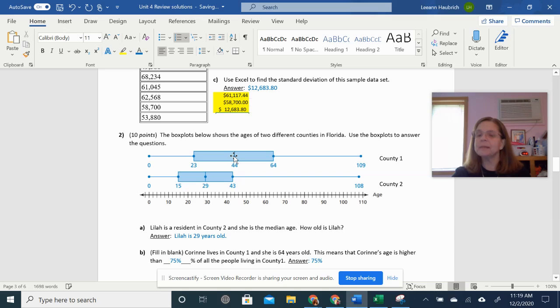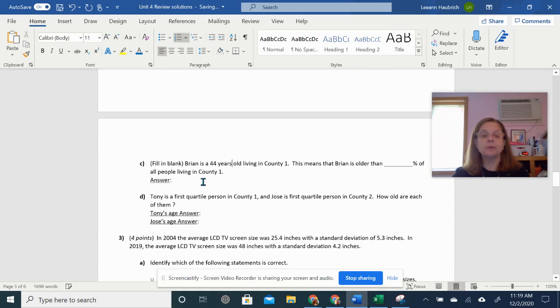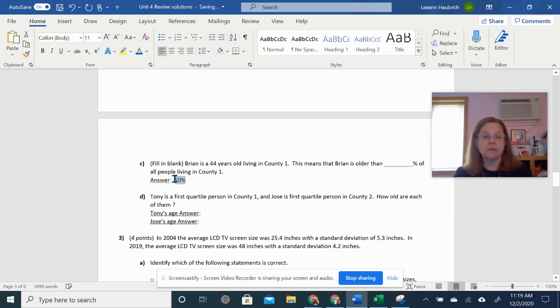So what percentage is he older than? He's older than everybody below him. So that's 25 and 25. He's older than 50%. Again, make it a color so that my instructor can easily see it. And I will put it on the line, even though it didn't say I had to.